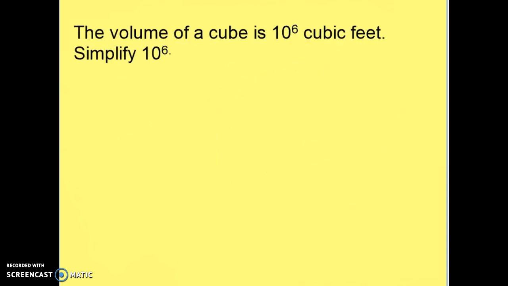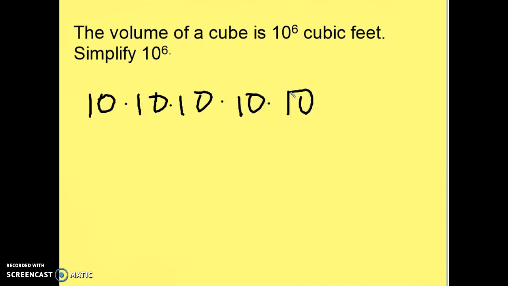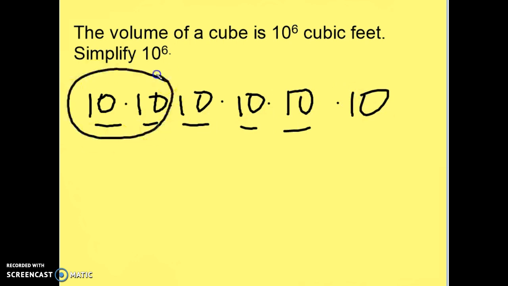And then our last problem here, find the volume of a cube. The volume of a cube is 10 to the 6 cubic feet. So what is 10 to the 6th power? So we're going to do 10 times 10 times 10 times 10 times 10. That's 1, 2, 3, 4, 5. We need one more 10 to the 6th. So 10 times 10 right here is 100.